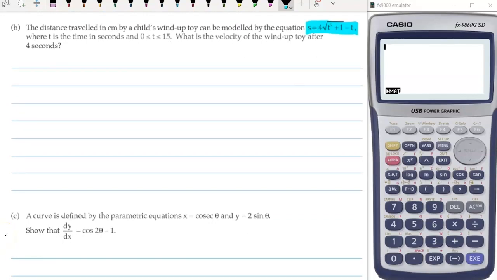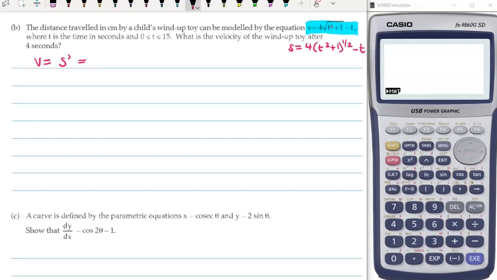For part B, we've got the distance equation just up here in blue. t is the time in seconds, and we want to work out the velocity. So velocity is the derivative of the distance equation. Now that distance equation, I'm just going to write it in brackets like this.